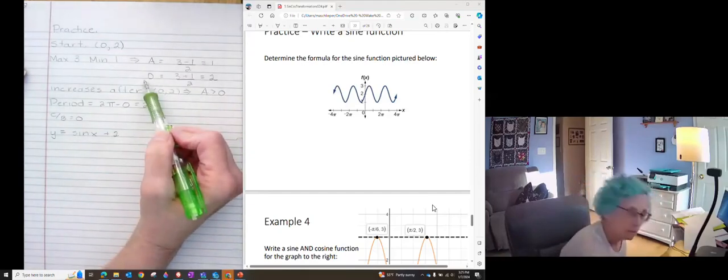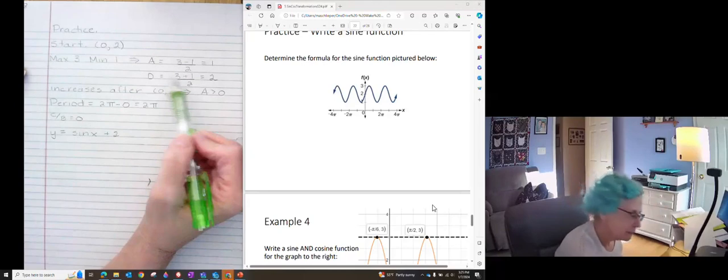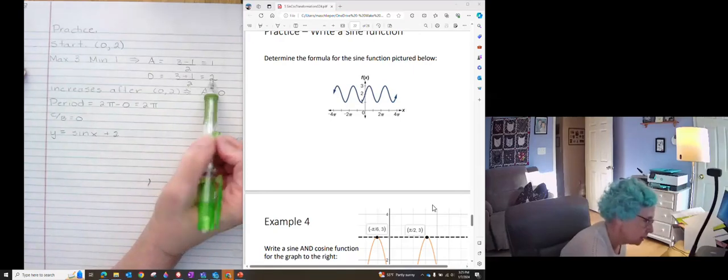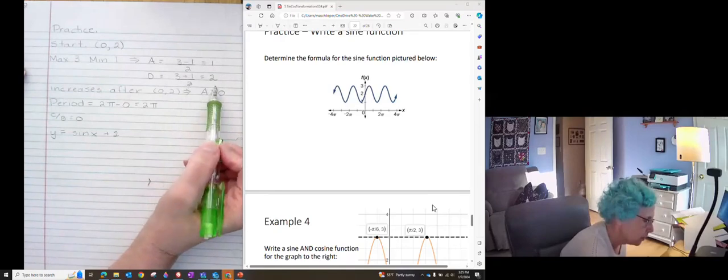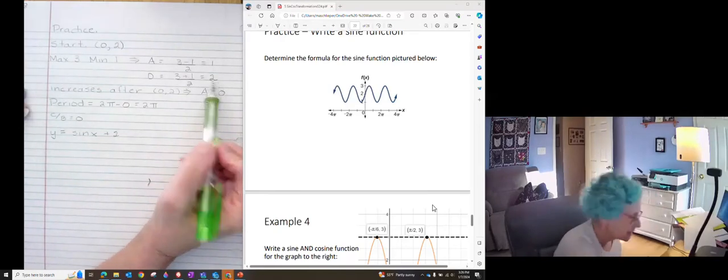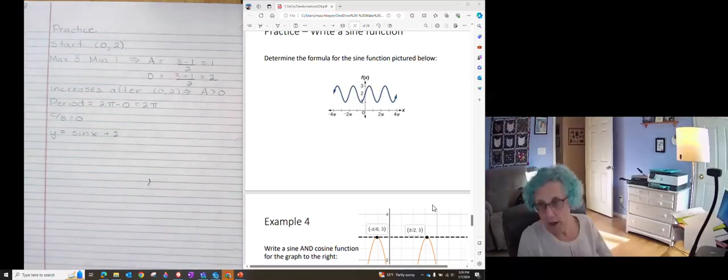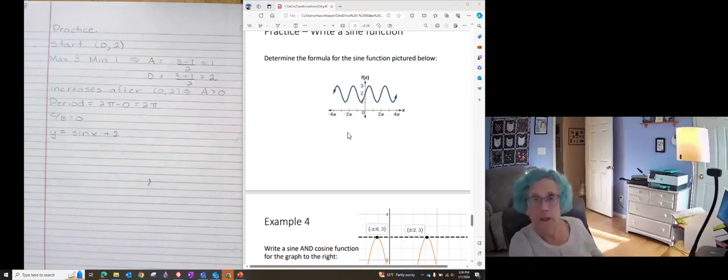My d, my vertical shift, was (max plus min) over 2, so 3 plus 1 is 4 over 2 is 2. So we have no vertical stretch, and we are shifted up 2 units. It increases after our starting point, so a is positive.